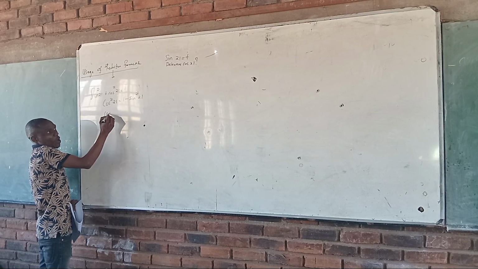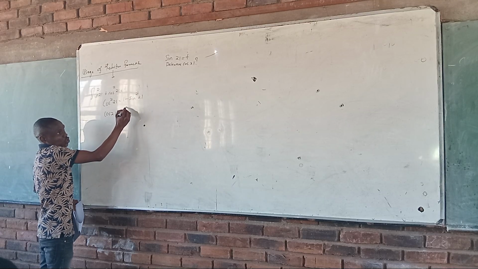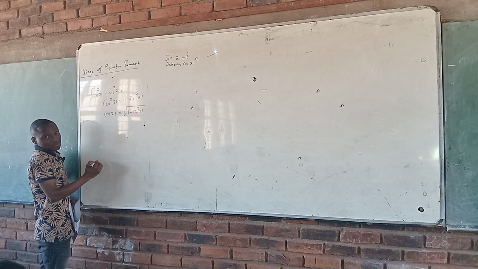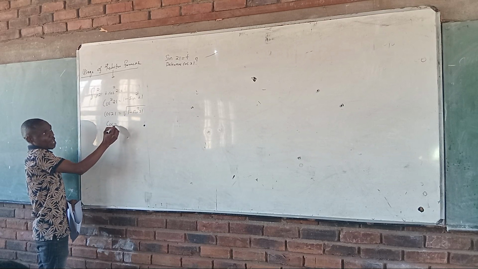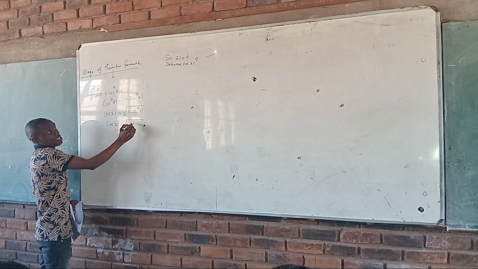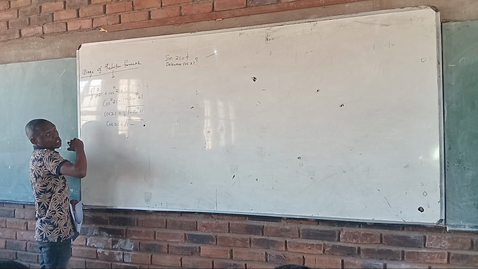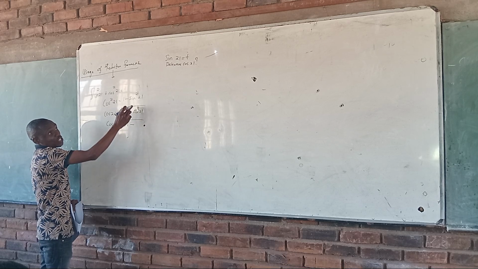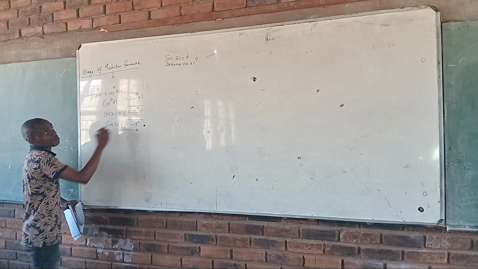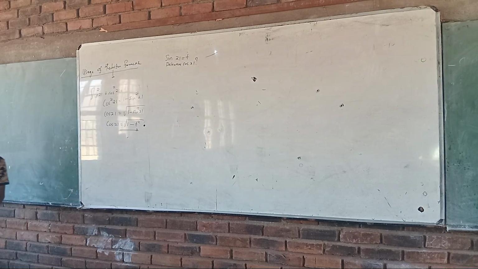So cos 21 is the root of 1 minus sine squared 21. Therefore, cos 21 is the root of 1 minus, remember sine 21 is t, so sine squared 21 is t squared. Okay?